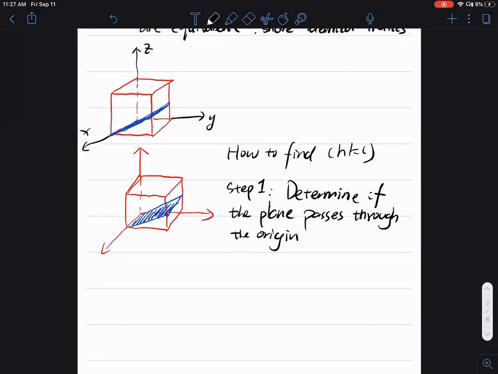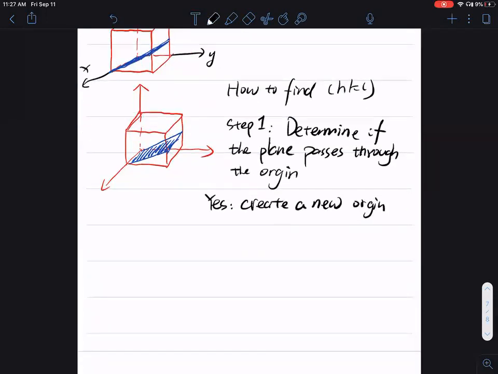If it passes through the origin, then we need to construct a new coordinate system. If the answer is no, we go to step 2.